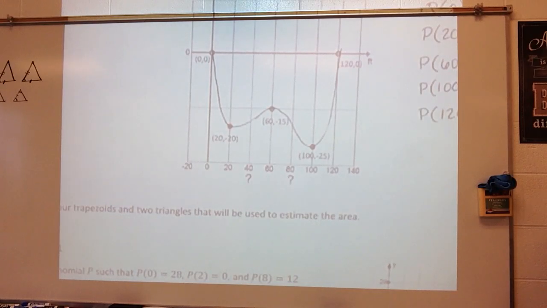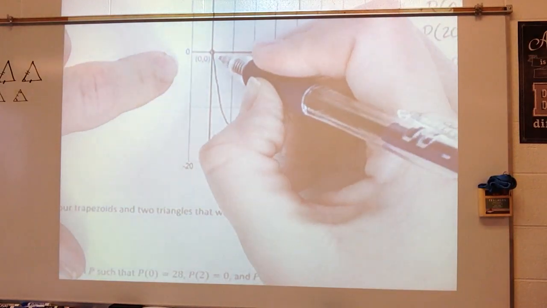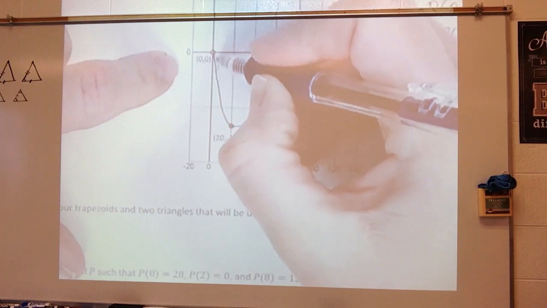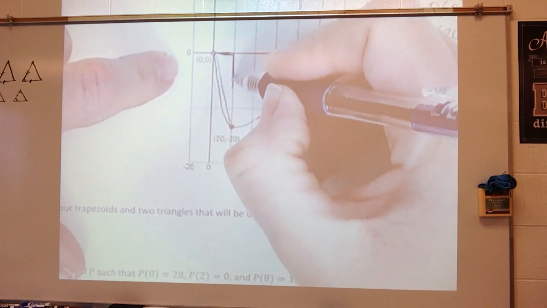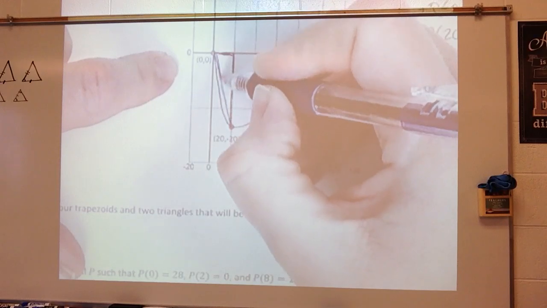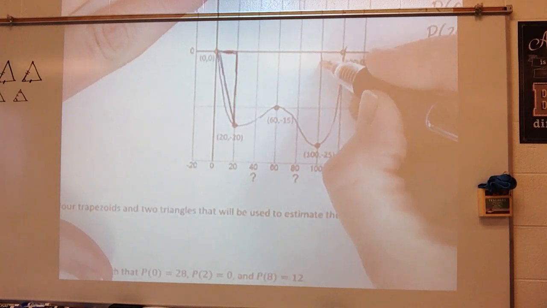A trapezoid is a 4-sided figure. It's not a rectangle, it's not a square, because not all 4 sides are parallel. But if you will look at this, here's my first triangle. Here's my second triangle.